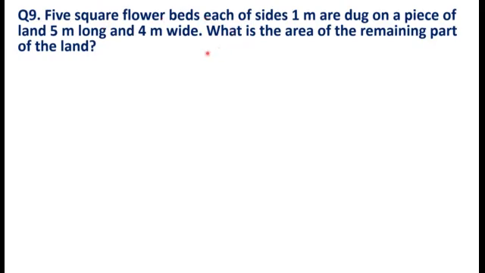We need to find out how much land is remaining. First we will find the area of that plot, then find how much area in that plot is taken by the flower beds, and then we find the remaining part by subtracting both the areas.